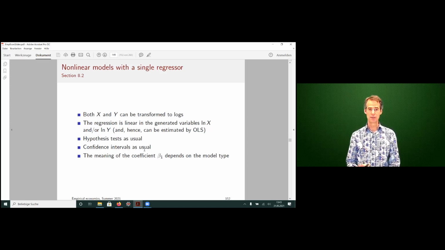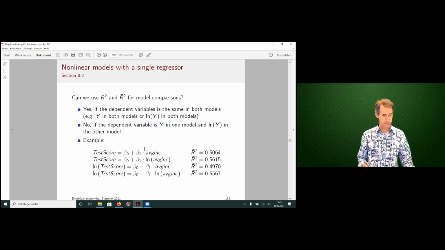And also, the inference for, say, confidence intervals is really unaltered, and we can just use the same approach as before. The only difference depends on the type of model that we work with. So is beta 1 a semi-elasticity, an elasticity, or does it say what is the unit change in y as a response to a percentage change in x?